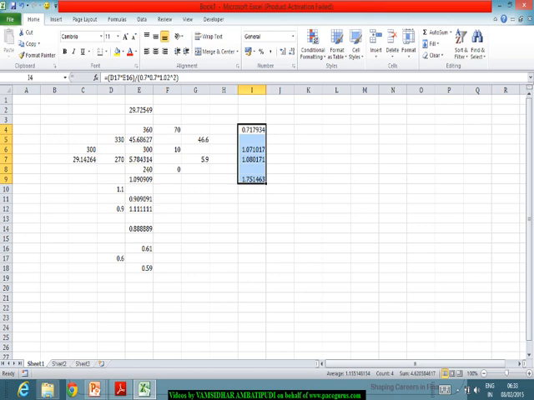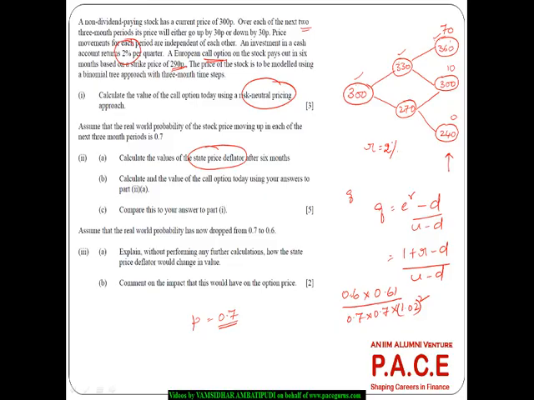Now what I can very well do is, now that I have the deflators for each of the four cases, I can even find out what is the payoff in each of the cases, because we know typically the value of the derivative or the option premium under the real world probability measure comes out as the expected value of the state price deflator at each of the time periods multiplied by the payoff at each of the periods.